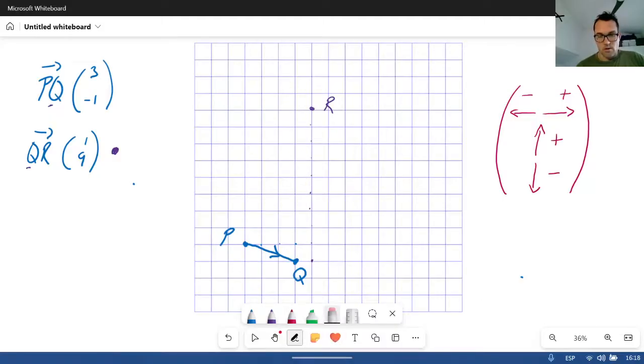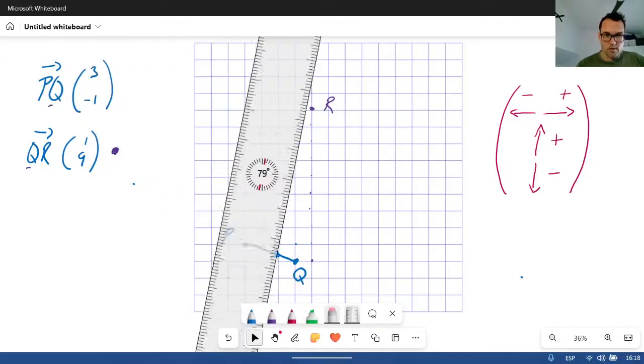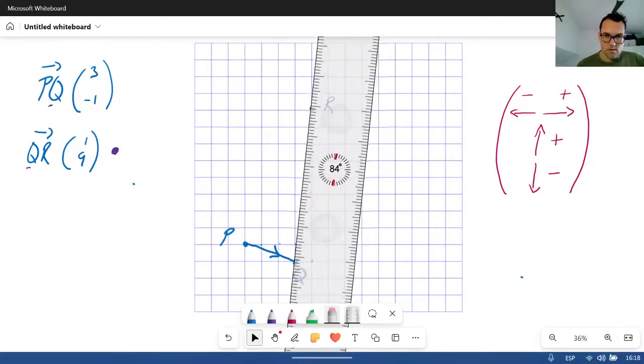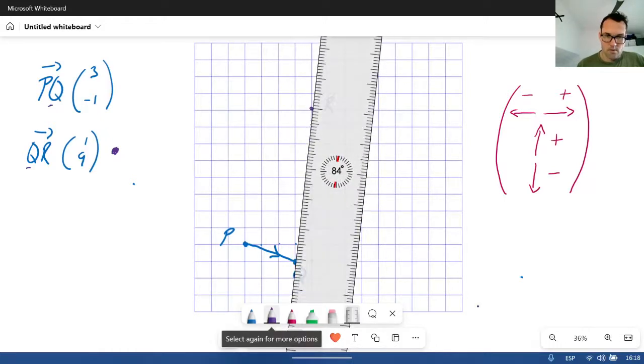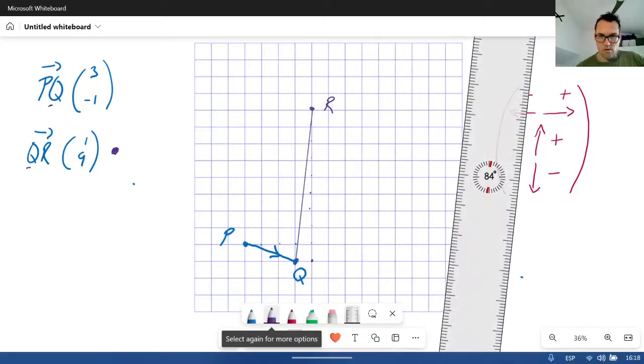Now that, ladies and gentlemen, is ugly. Let's try with the ruler. That's not bad. That is the vector QR.